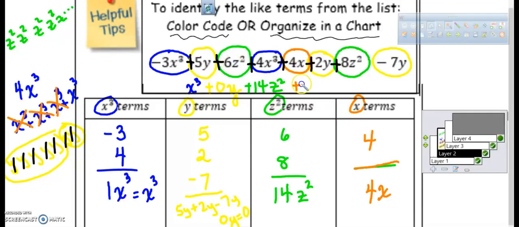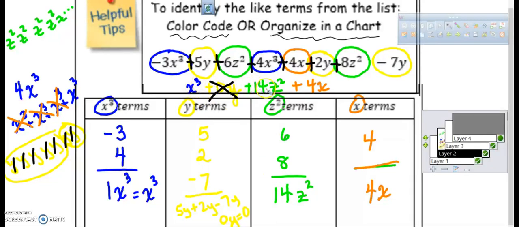And finally plus 4x. So this has been simplified from this version, and again, you would really want to drop that term because it can be simplified to 0, and if you add 0 to any list of numbers, you'll get that list of numbers back. So it actually has no bearing on the problem anymore now that we've zeroed it out.